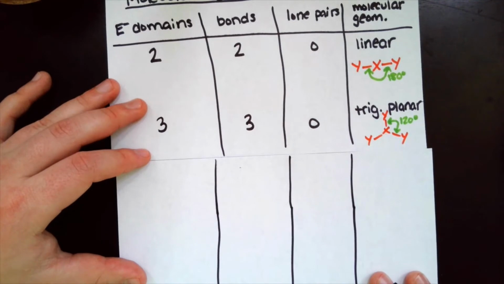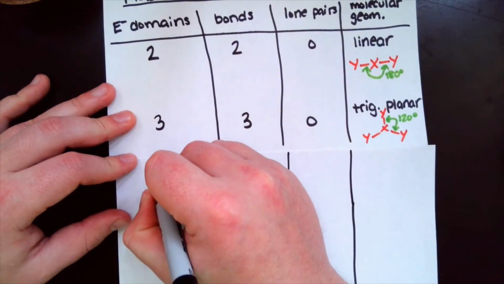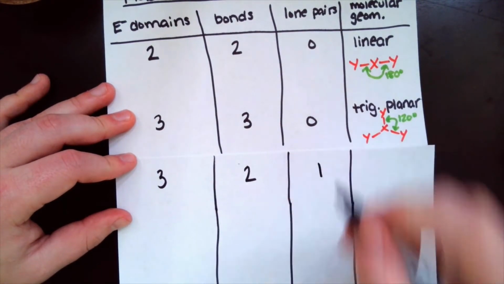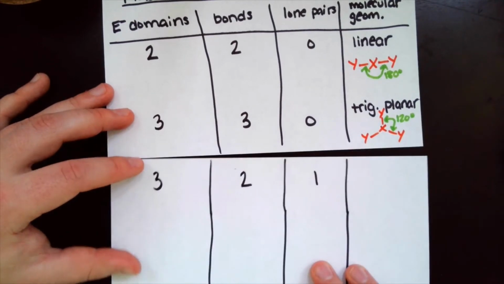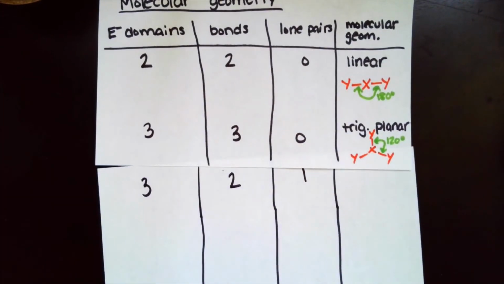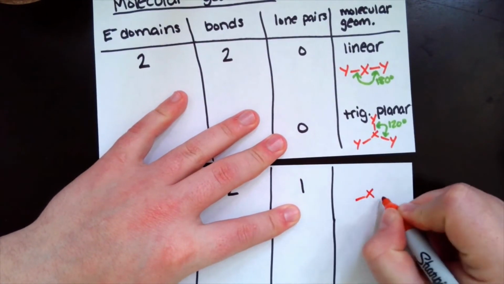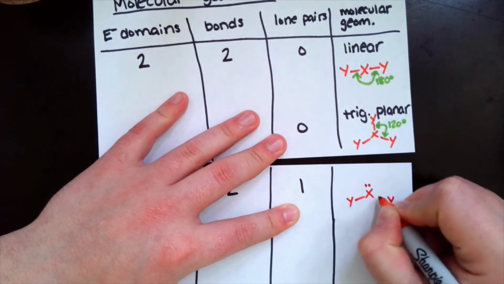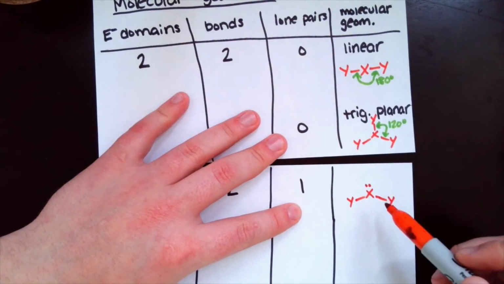So there's another option for having 3 domains. If you have 3 domains, but 2 of them are bonds, meaning one of them is a lone pair, what that is going to look like is, so now we have just 2 bonds, and one of them gets replaced with a lone pair. And of course, don't forget, these bonds could certainly be double or triple bonds.